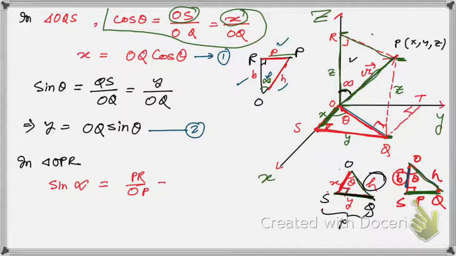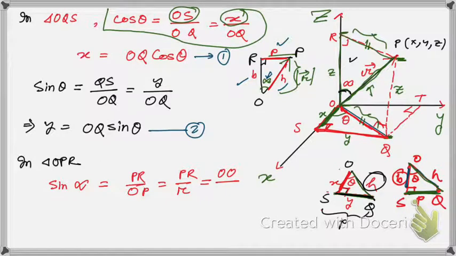If you see the diagram, OP is the position vector, so its length is R. Then PR is equal to the projection OQ here. So PR is replaced by OQ, so OQ can be written as R sin alpha. This is equation number 3.